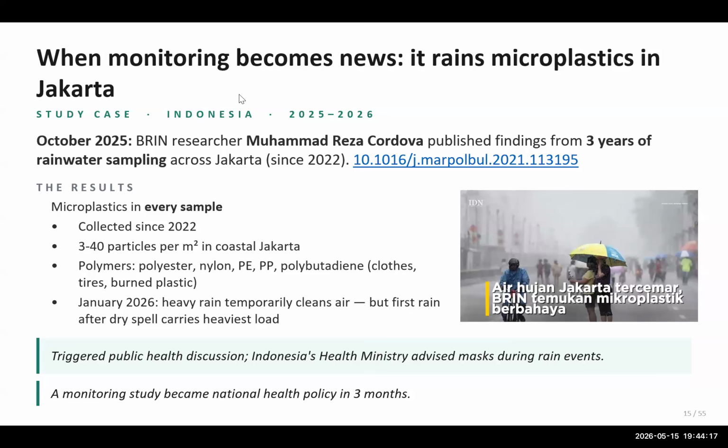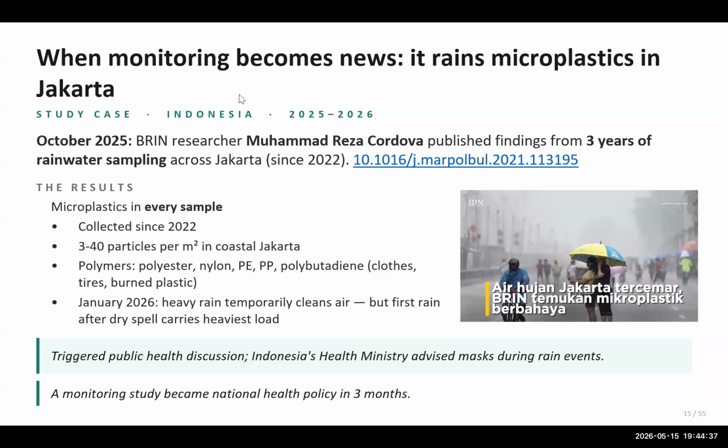What did he find? He found microplastics in every single rainwater sample since 2022. They found 15 plastic particles per square meter per day falling in the coastal area of Jakarta.